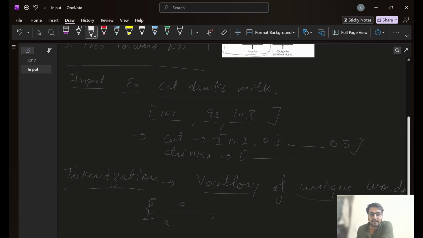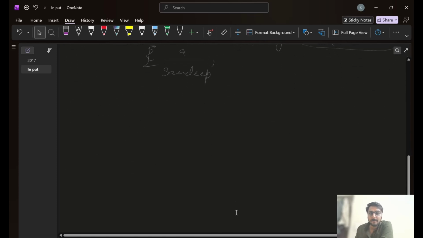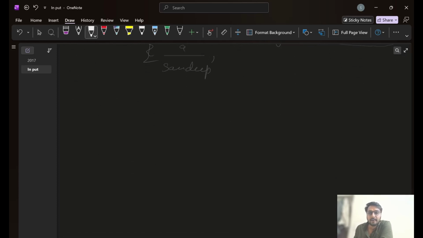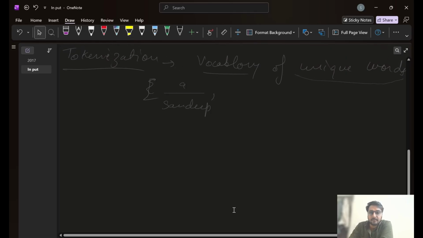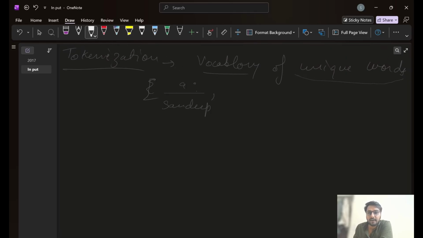For example, A is on the first index, Sandeep on the second index, then M on the third index, AI on the fourth index, and so on. So we create a vocabulary of all the unique words and assign an index to each word, so that we can get the unique ID of each token.